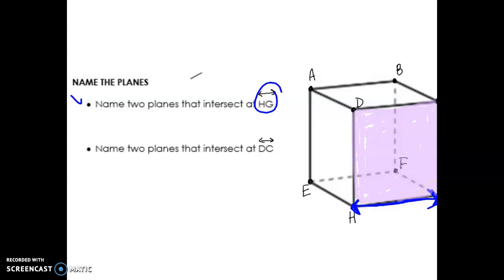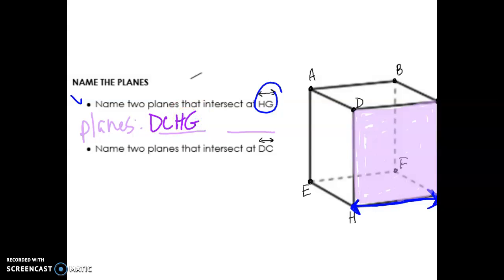So when we're identifying a plane, use 4 letters, use 3 letters, but you also have to put your label in there. Again, I'm asking for 2 planes, so I'm going to take my shortcut, planes, and then list our 2 planes. So we said that first one is our front side of our figure, so DCHG.